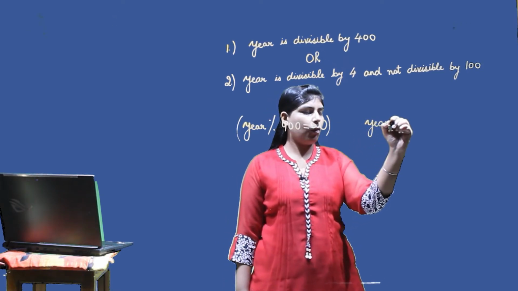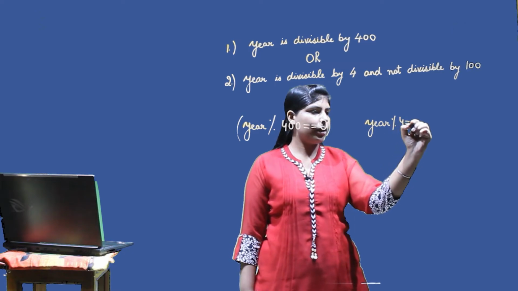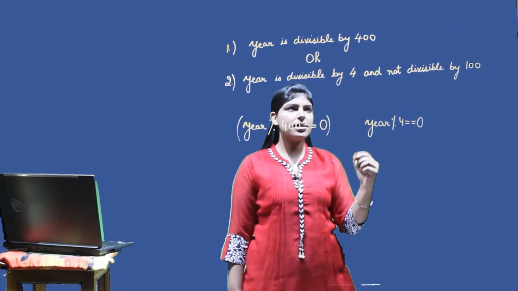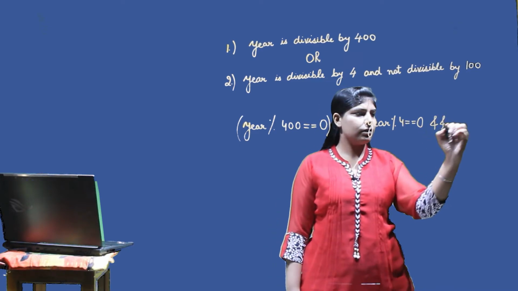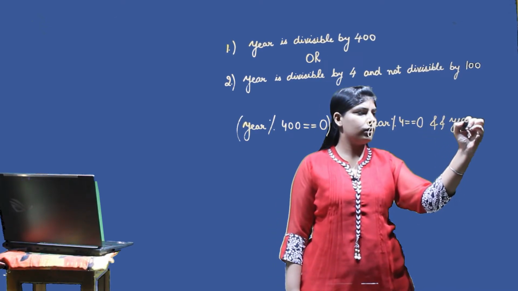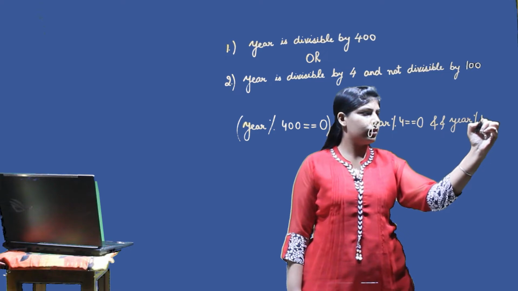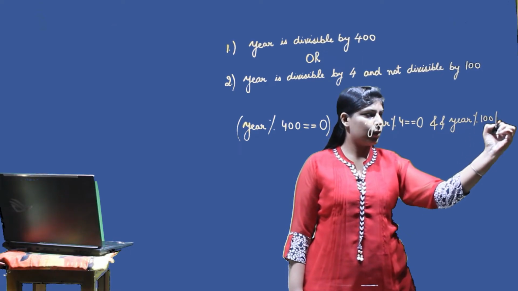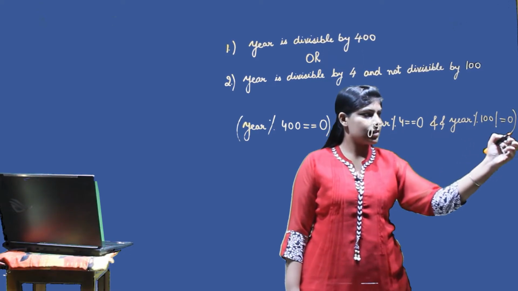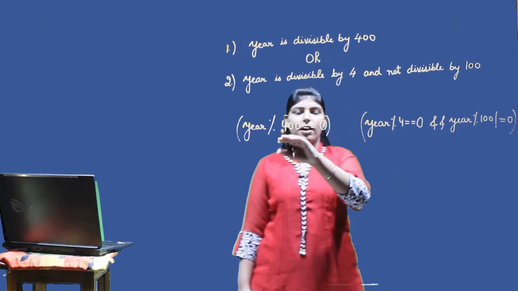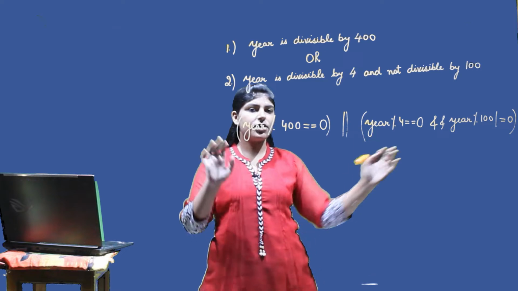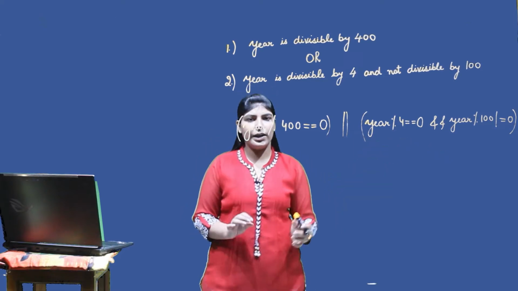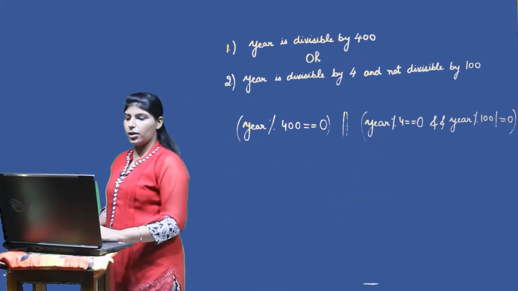So year mod 4 equal to 0, and in this case it should not be divisible by 100. So I will write and year mod 100 is not equal to 0. So this is the second condition. So I have to put an or in between these two conditions. If this condition is true, I will print leap, otherwise I will print not leap.